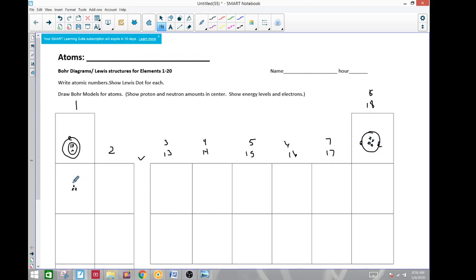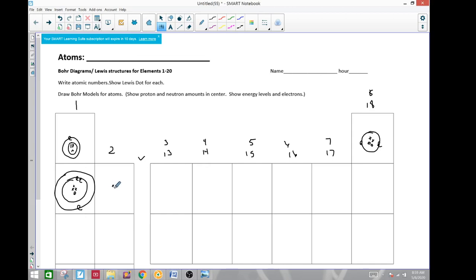Alright, so 3 protons, 2, 3. Now we have 1 energy level. I'm not going to worry about the neutrons so much. Just draw one neutron, show it there. And we have a second energy level now. The first energy level is full, 1, 2. Now we have a third electron in the second energy level. Alright, so now we have 4 protons.